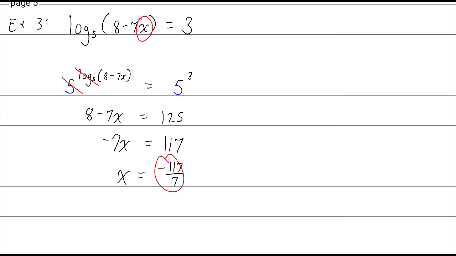Then I have nothing really to worry about, because a negative number plugged in right here would give me a negative times a negative, which translates into a positive, so I end up with an addition problem. As long as I have something positive there, it's fine. So negative 117 over 7 works out just fine.